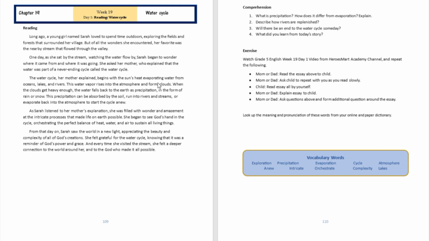From that day on, Sarah saw the world in a new light, appreciating the beauty and complexity of all of God's creations. She felt grateful for the water cycle, knowing that it was a reminder of God's power and grace. And every time she visited the stream, she felt a deeper connection to the world around her, and to the God who made it all possible.